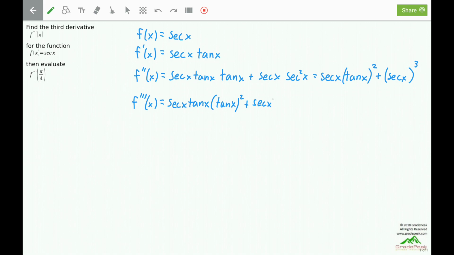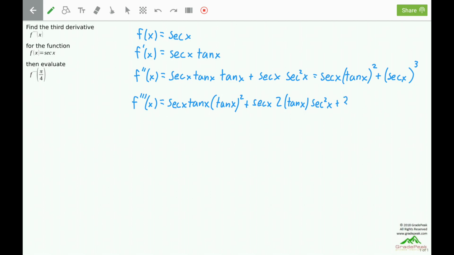Now that's a power rule overall, so we're going to bring the power down. We're going to leave the inside alone, and then we're going to multiply by the derivative of the inside. Derivative of tangent is secant squared of x, and then we multiply by the derivative of the inside of that. Well, that's just an x, and derivative of x is a 1 to complete the double chain rule there. So that's the product rule for the first term.